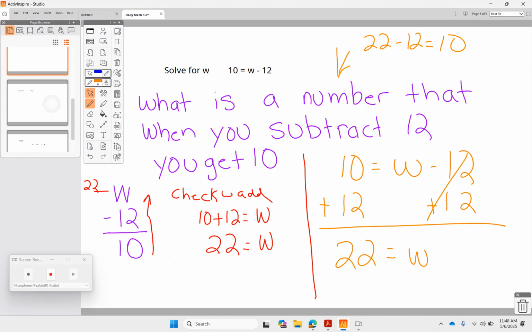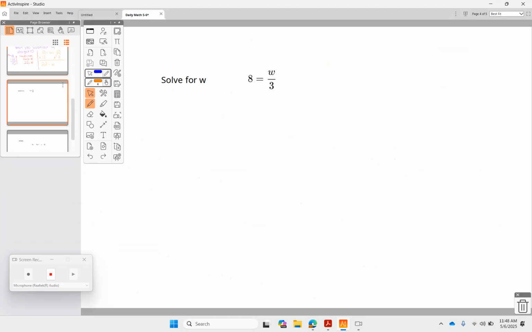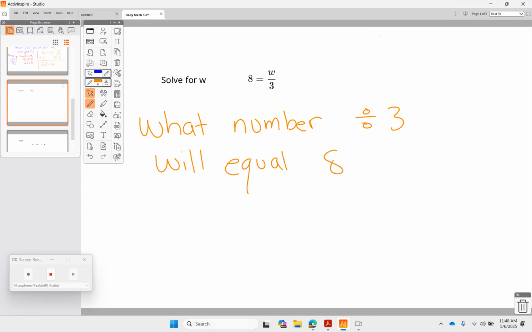Same thing here. What number divided by 3 will equal 8? If you want to write it this way, what number divided by 3 will equal 8?